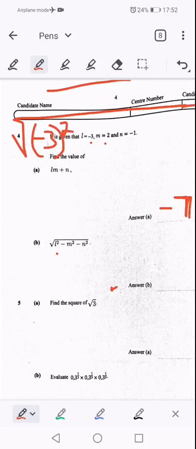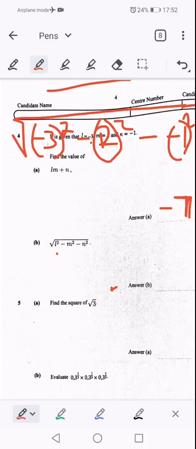Then to that, the value of M, and M is 2, 2 squared. Minus the value of N, which is minus 1 squared. Everything is under the square root. We just substitute, wherever there is a letter we put its value. As you can see, at L I put minus 3, at M I put 2, at N I put minus 1.